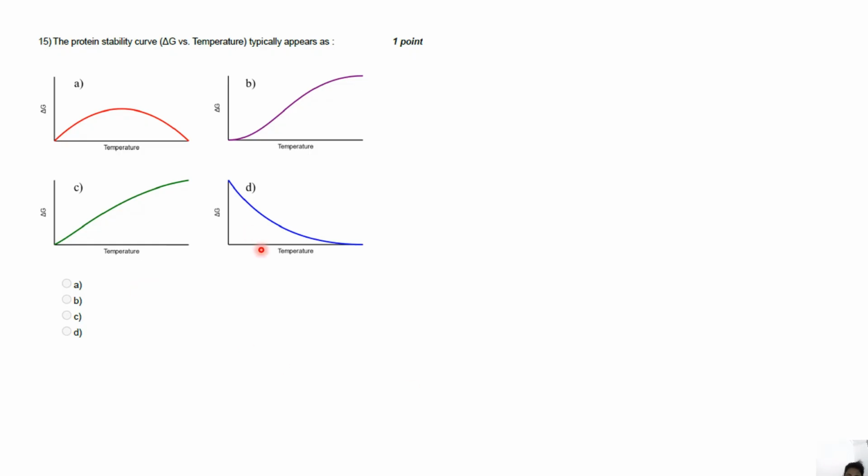As I was saying, the protein stability curve is basically an inverted parabola, an inverted U shape, with delta G on the y-axis and temperature on the x-axis, showing cold denaturation on the left, heat denaturation on the right, and a maximum stability point in between, somewhere here. Okay.